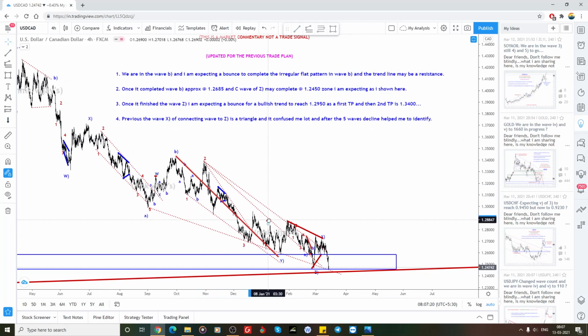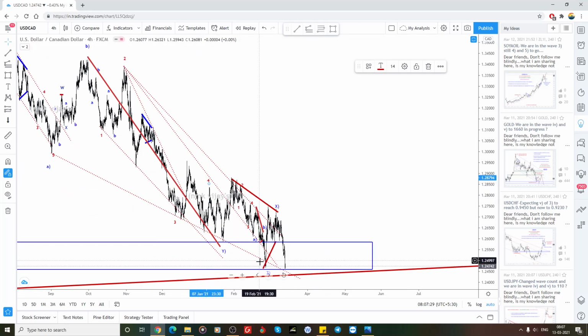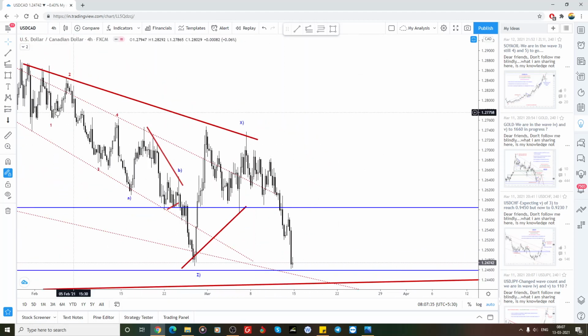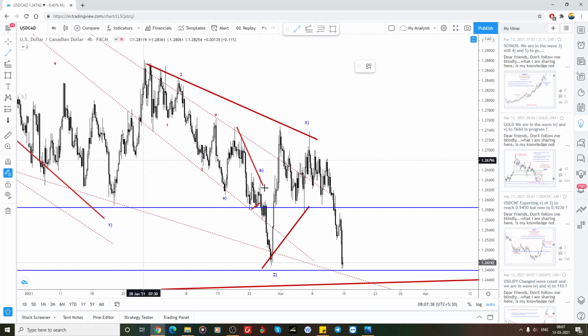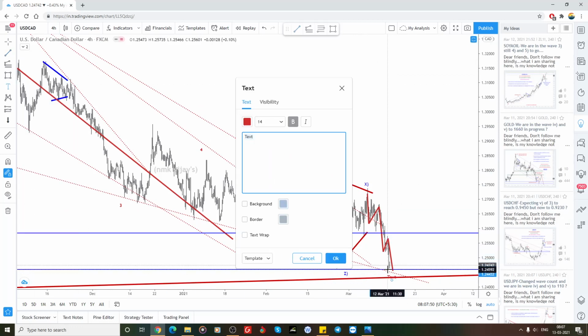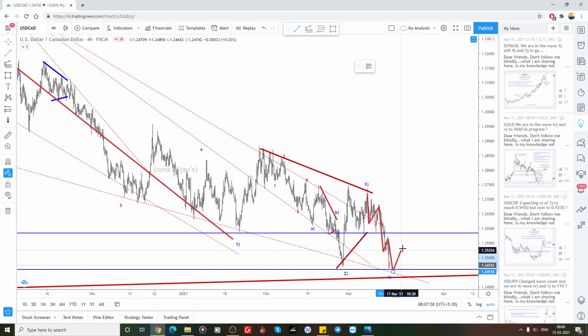Previously what I said, this is the fourth wave, and the fifth wave is the end of the Y wave, and now this X is in a triangle, A, B, C, D, E, and now after that it becomes A, 1, 2, 3, 4, 5. So this becomes A, and I'm expecting a three-wave structure, and again down.